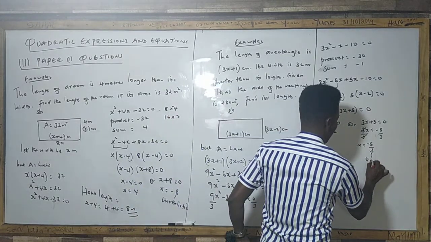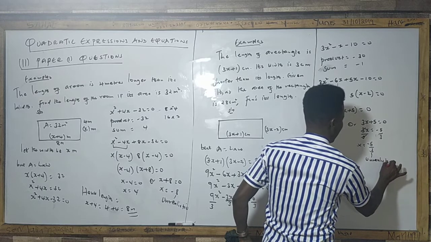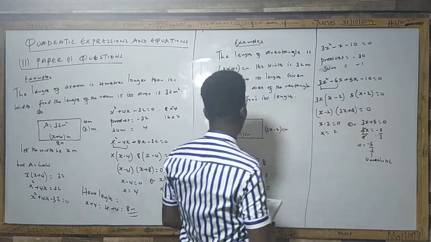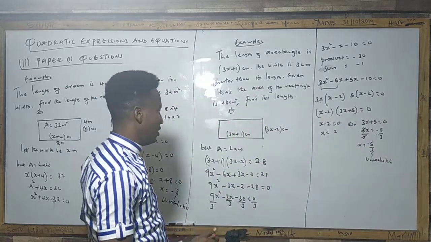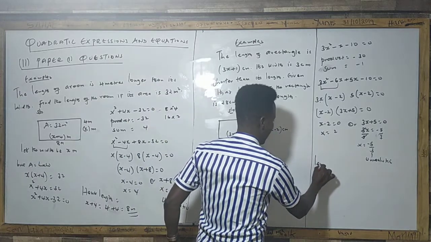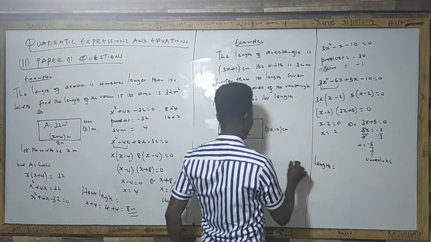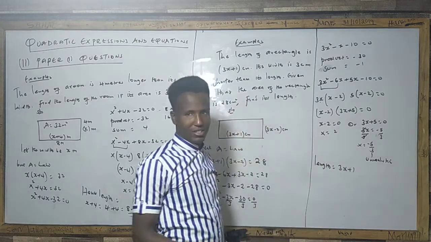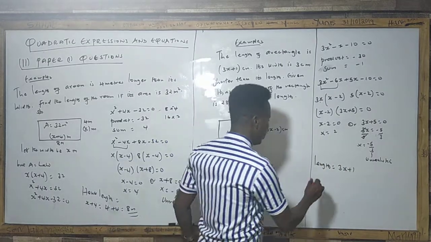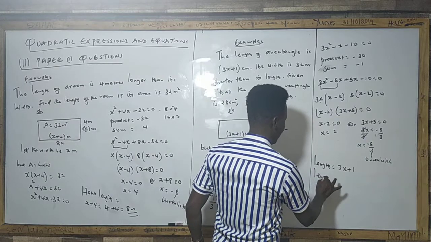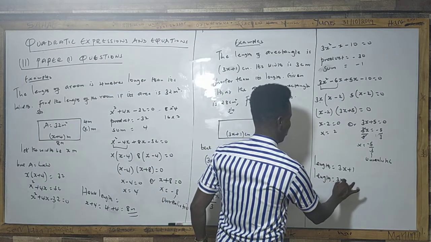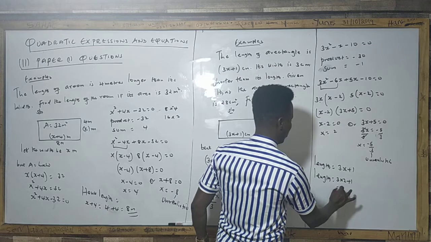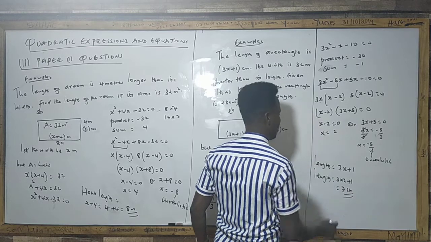So you are told to find its length. So length is equal to 3x plus 1, and x value is 2. So length is equal to 3 times 2 plus 1, which is equal to 7 centimeters.